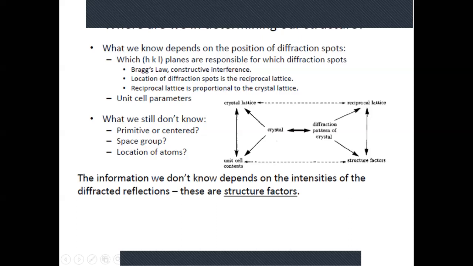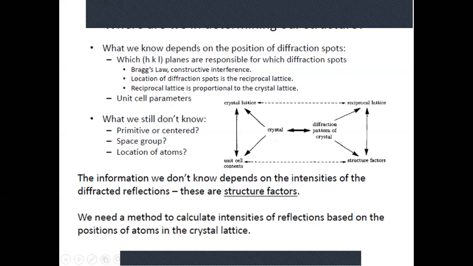We can narrow down the space groups that the crystal will fall in, and we can also use the structure factors to help in finding the location of atoms in the crystal. So there has to be a method of calculating the intensities of reflection based on where the atoms are in the crystal lattice. And this is what we're going to be talking about today.